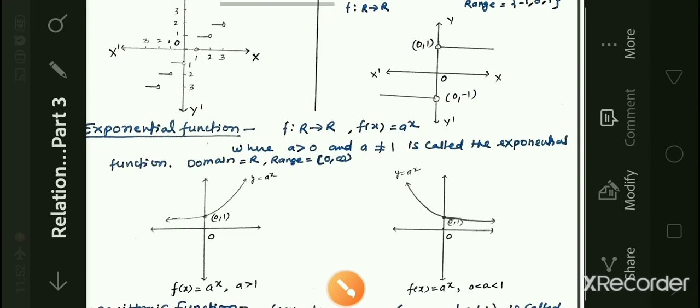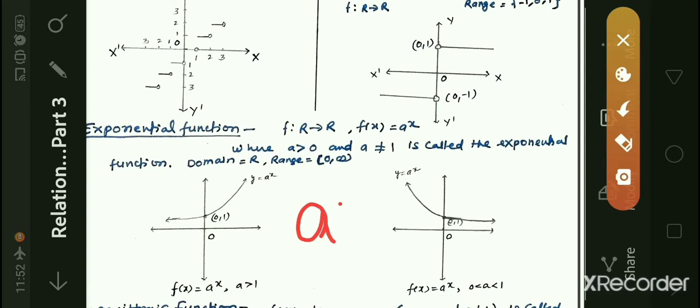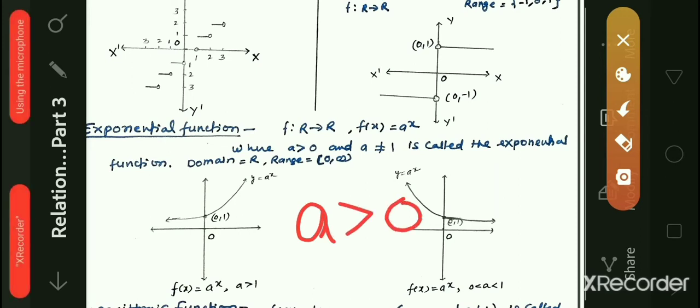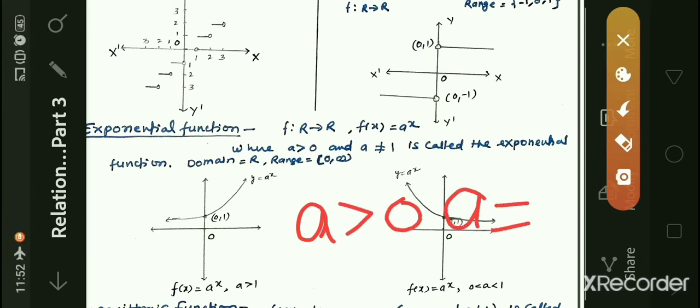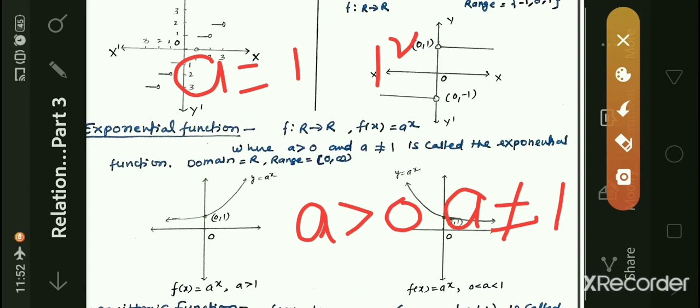But there are certain assumptions before defining this function. Here always a is greater than 0 and a is not equal to 1, because if a is equal to 1, then the value of 1 raised to any number will be 1 itself. So we exclude this case.